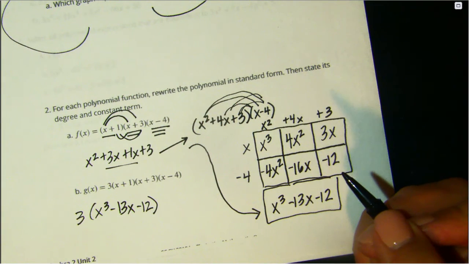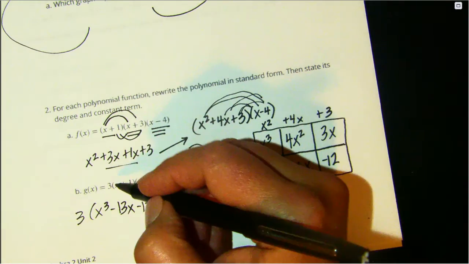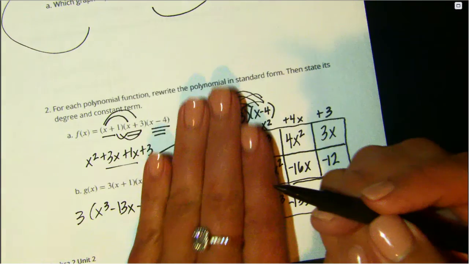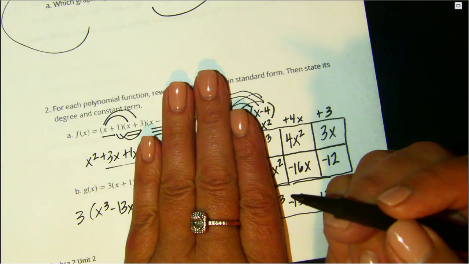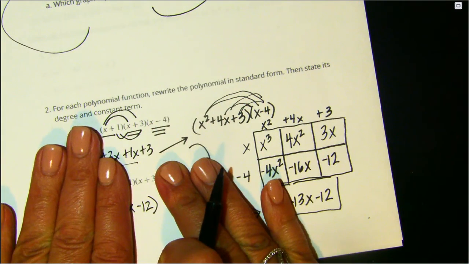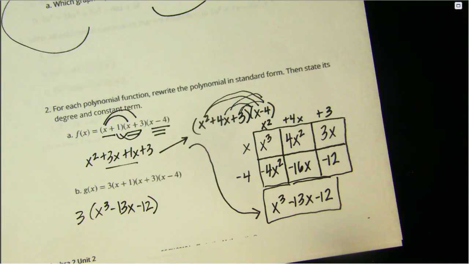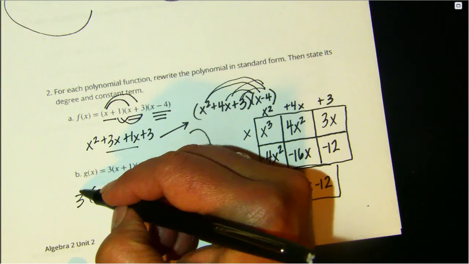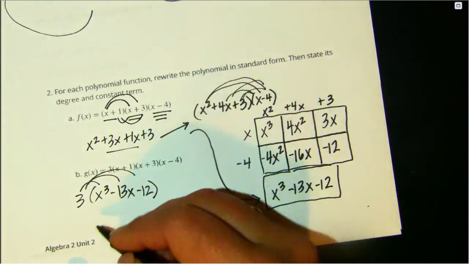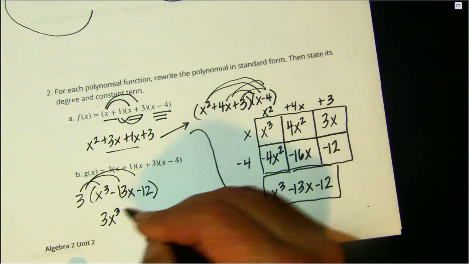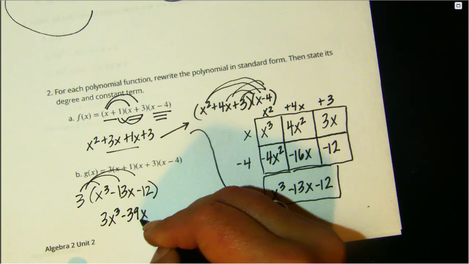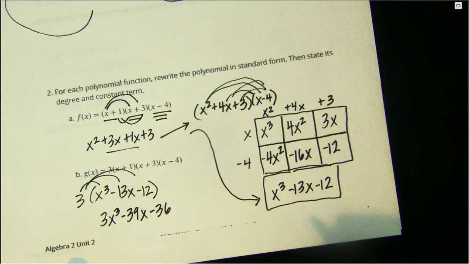I mean, you could have done the whole problem over. You could multiply the 3 times the first one, and then take that answer times that one, and then take that answer times that one. Remember, order in multiplication does not matter. So now, final answer would be 3x to the third minus 39x minus 36.